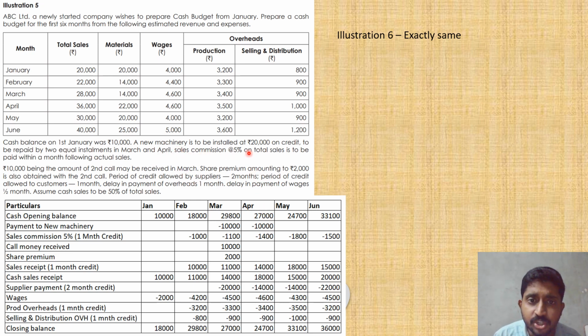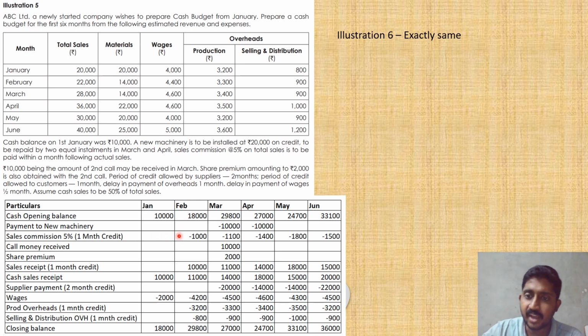Next, a sales commission of 5% on sales is to be paid within a month following the actual sales. So whatever sales have taken place, the 5% sales commission has to be paid in the next month. So we have a 1 month credit period for it. For January, sales is 20,000. So 20,000 multiplied by 5% is nothing but 1,000 rupees. But the 1,000 rupees is a cost.